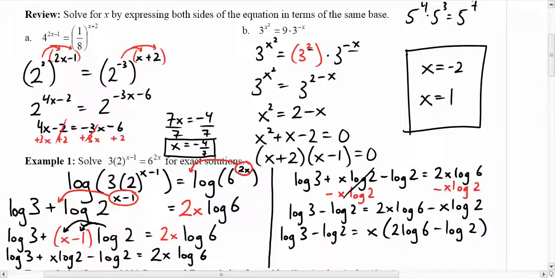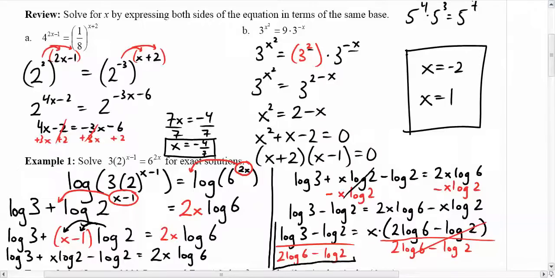Okay, so now it's being multiplied. So to move all that stuff to the other side, I'll do the opposite of multiplication, which is divide both sides by 2 log 6 minus log 2. And you could use log laws to make this all nice and fancy in some simplified form, but actually this is the best form of the final answer.